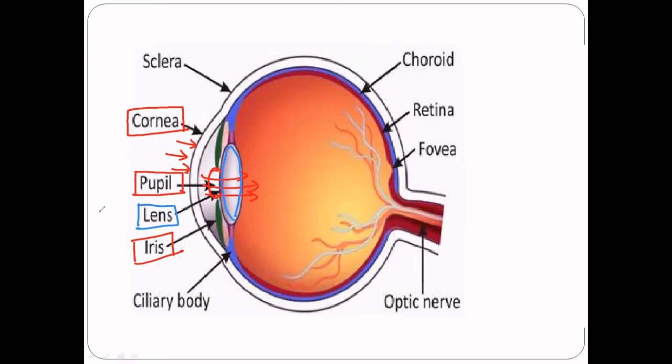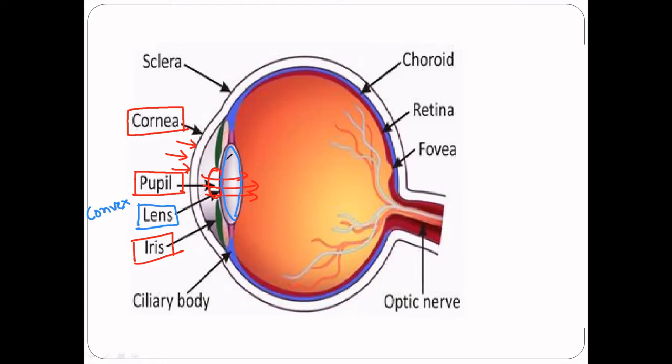The type of lens present in the human eye is a convex lens. This lens helps to focus the image. Light passes through this lens and the image is formed on the retina.